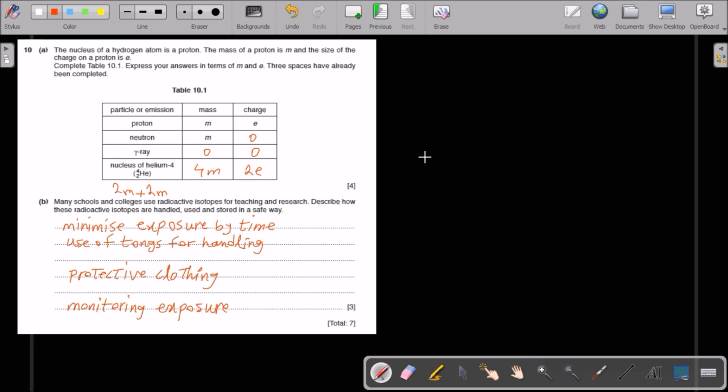The second one, use of tongs for handling, protective clothing, and monitoring exposure. So you can write 3 of them. These are important points about handling, using and storing radioactive isotopes.